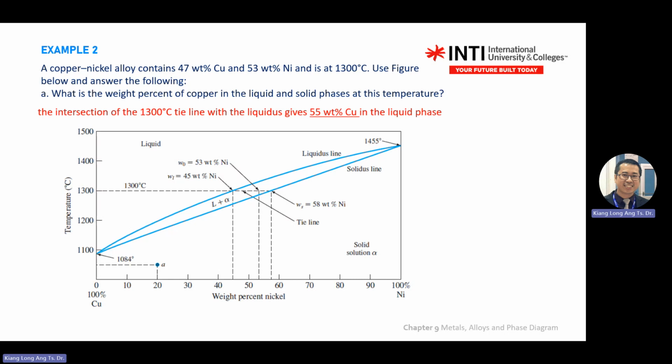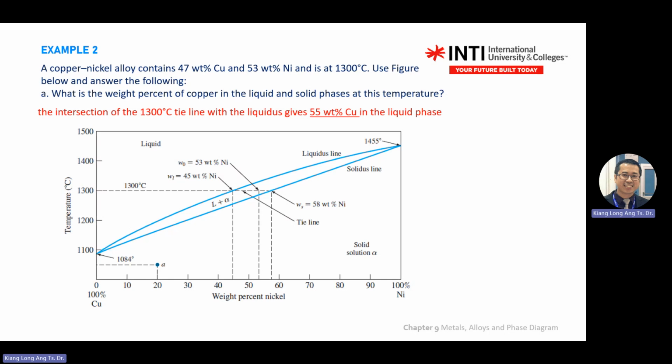It is 45%, right? The question asks about copper, so does 45% refer to nickel or copper on the graph? Nickel. So 45% nickel must come with 55% copper, because the total is 100%.